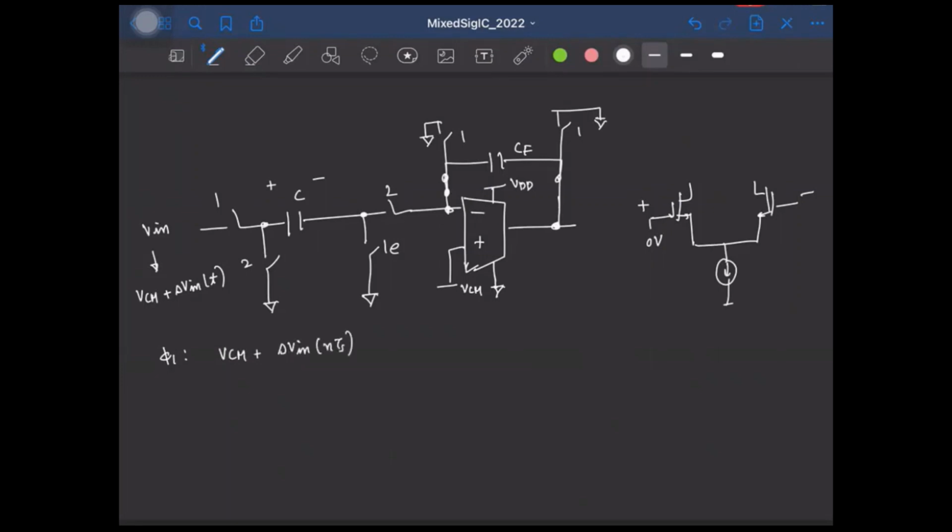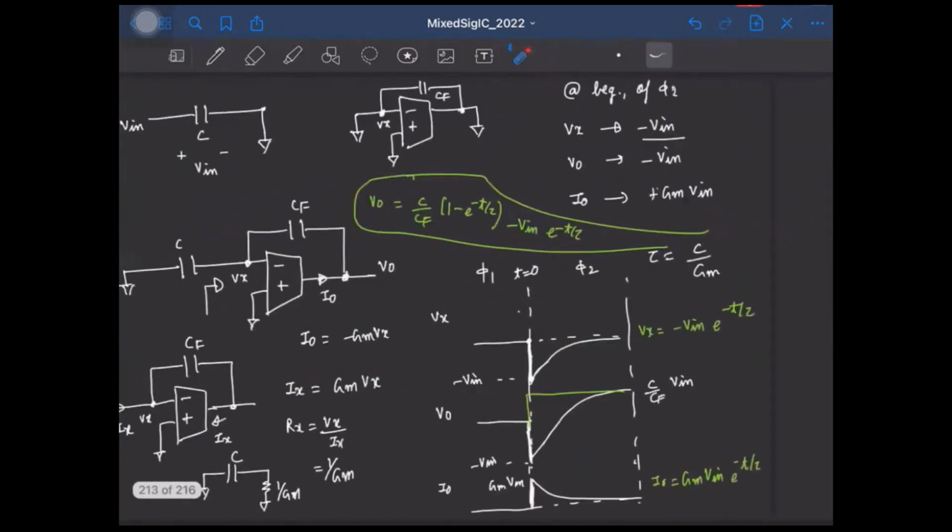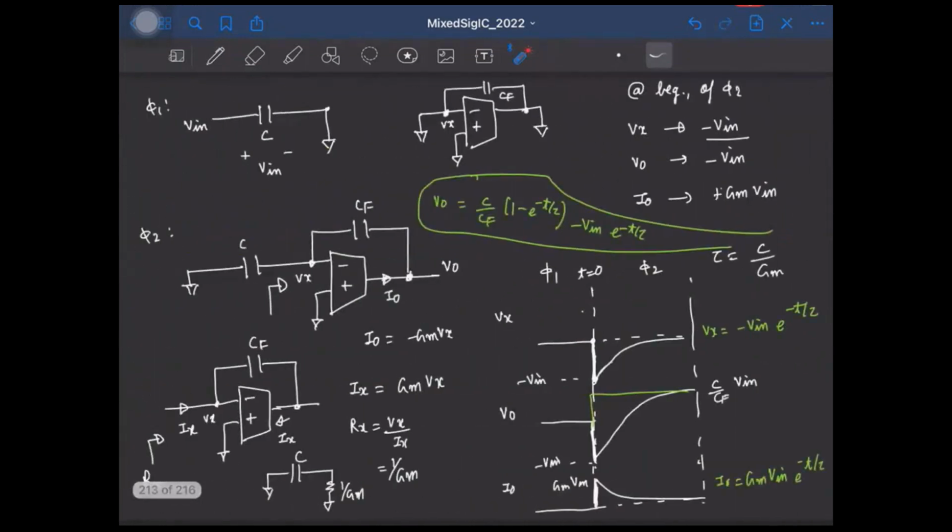And what will happen when we put the circuit in phase 2? That is, we close the switches like this and put the capacitor in feedback. Well, from our qualitative understanding, notice that this voltage Vx jumps to minus V, right? And this is the voltage to which the capacitor was charged, right?